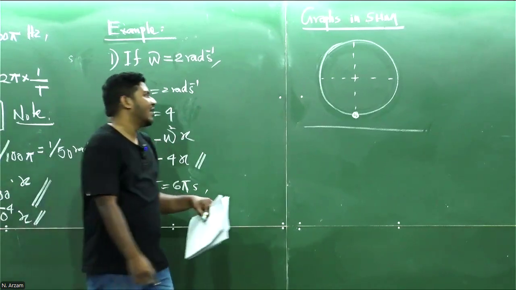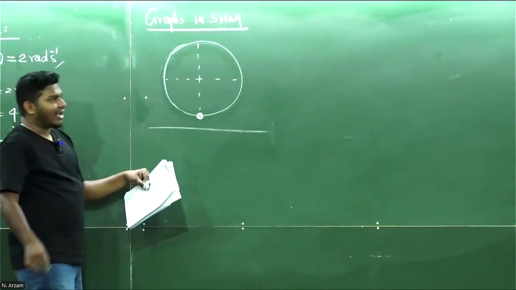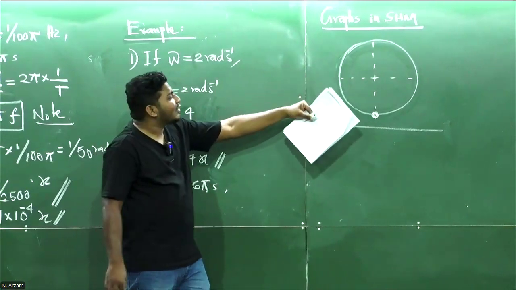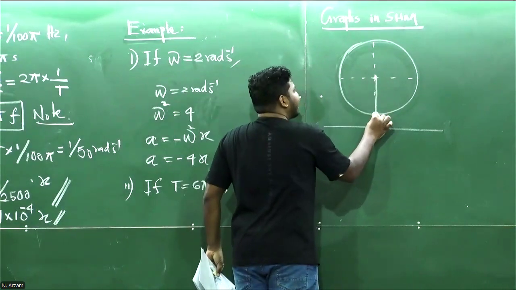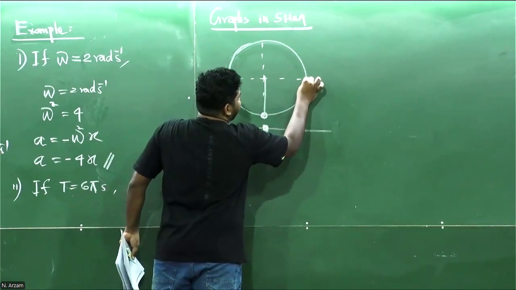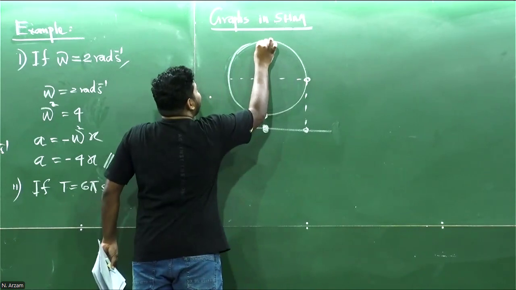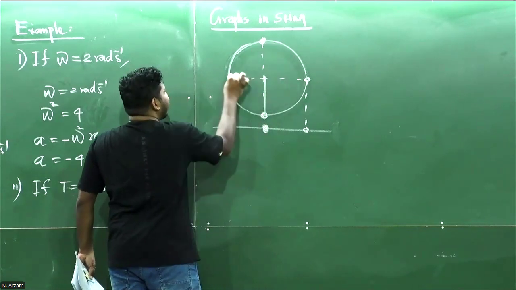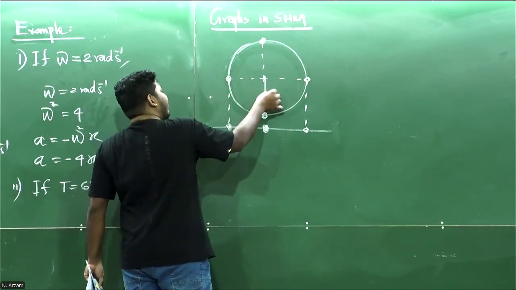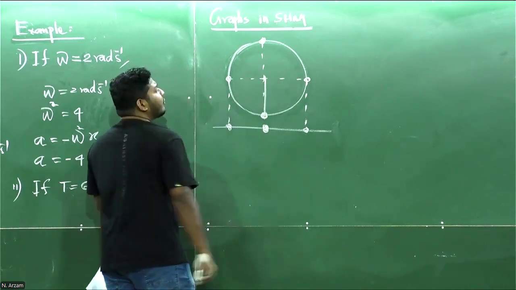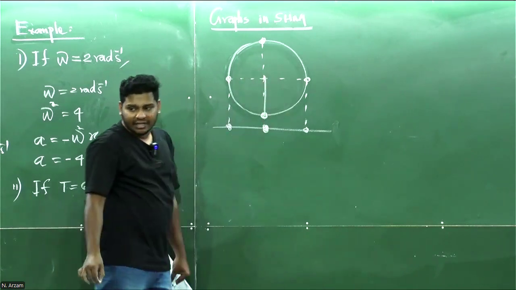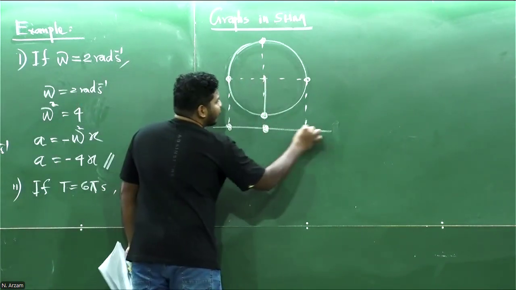It's very easy, right? I didn't forget anything, I'm just writing this to explain it to you. So now tell me, if the particle is here, the projection is here. If the particle is here, the projection is here. For a complete rotation, the time taken is capital T. This is a simple harmonic motion.